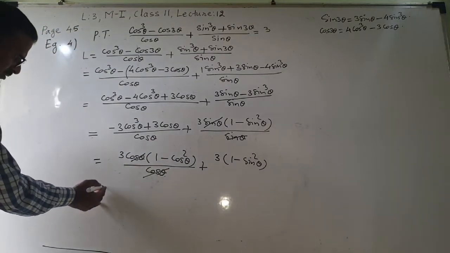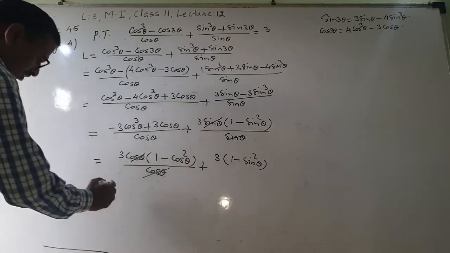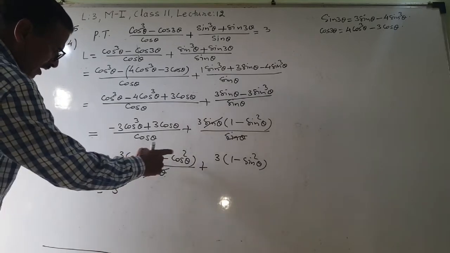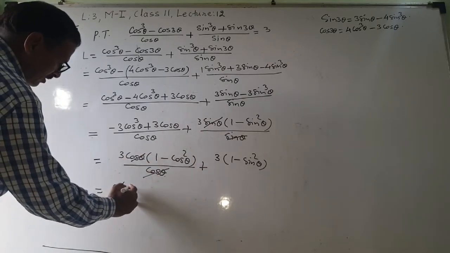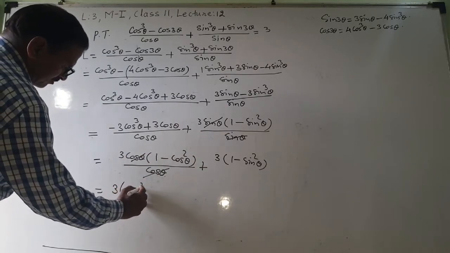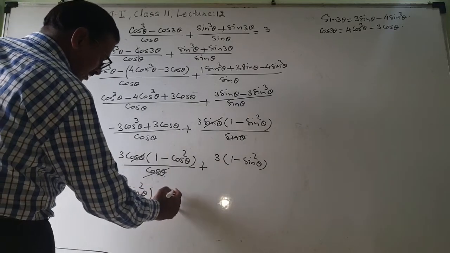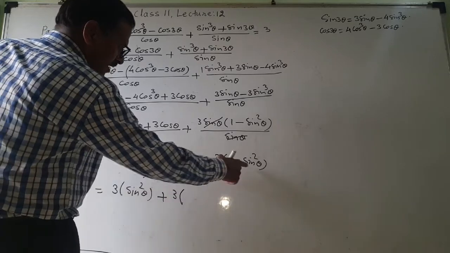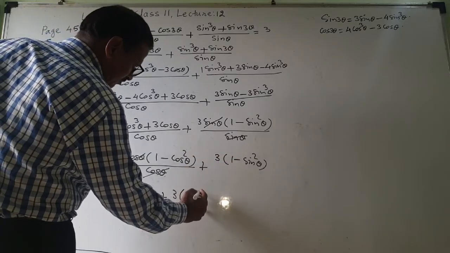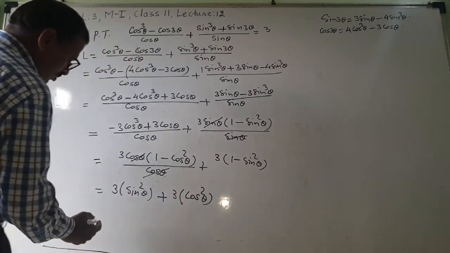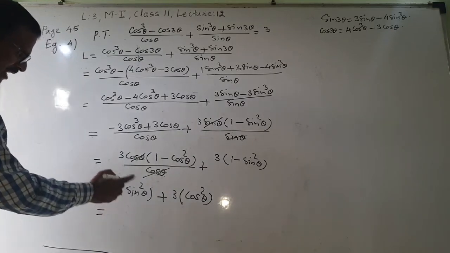So that is equal to 3 (1 minus cos square theta is equal to sin square theta) plus this is 3 into (1 minus sin square means cos square theta). So from this I can take 3 common.